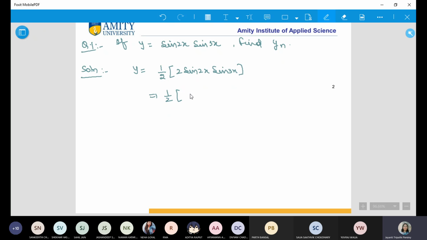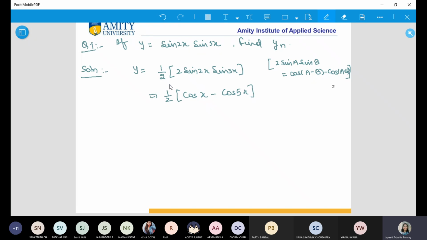It is cos A minus B minus cos A plus B. So cos A minus B will give you cos x, and cos A plus B will give you cos 5x. I'm writing it in one go. I hope it is clear to you. Which formula we have used? 2 sine A sine B. This is the formula.